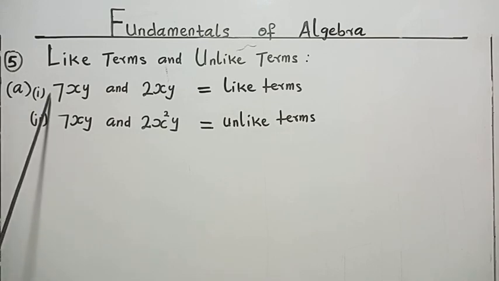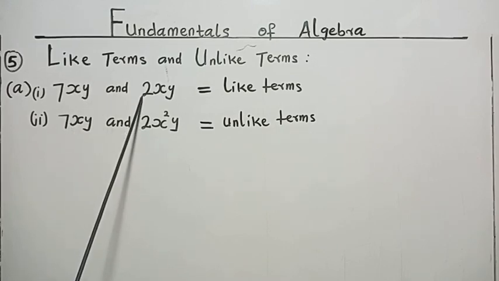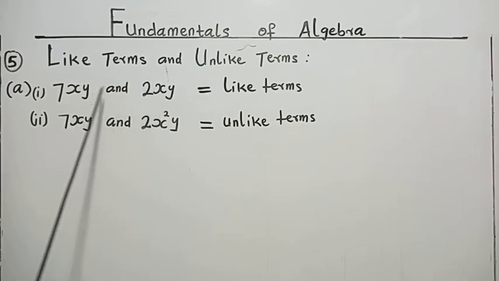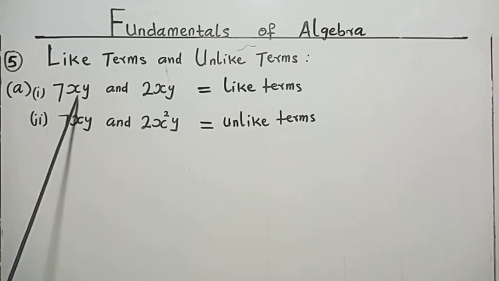So 7 is quantifying or counting xy, and 2 is quantifying the same xy. What it means is that both 7 and 2 are quantifying the same thing. Both 7 and 2, which are different coefficients, are counting the same thing, the same xy.